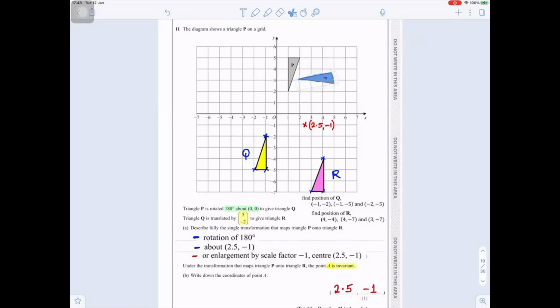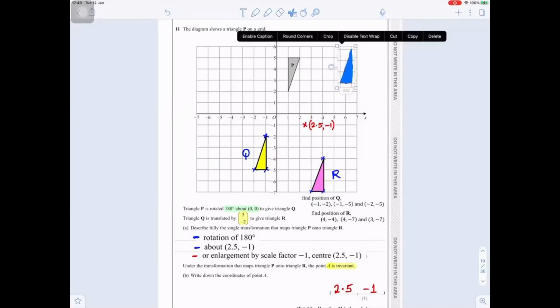That's the point which does not change. The invariant point does not change, and so the coordinate is 2.5, minus 1.